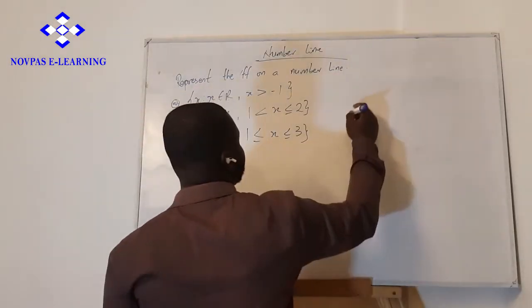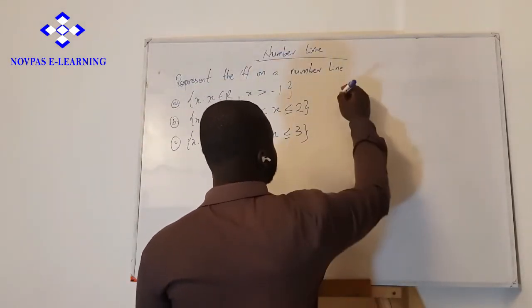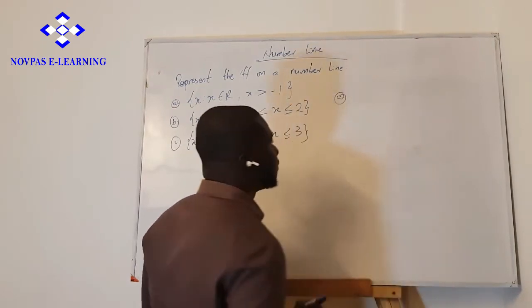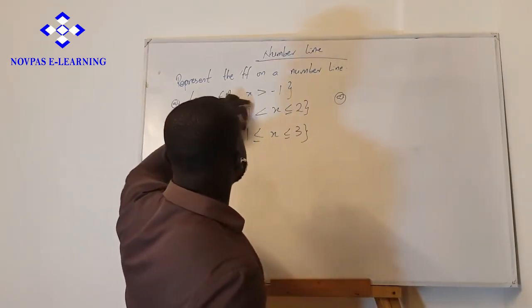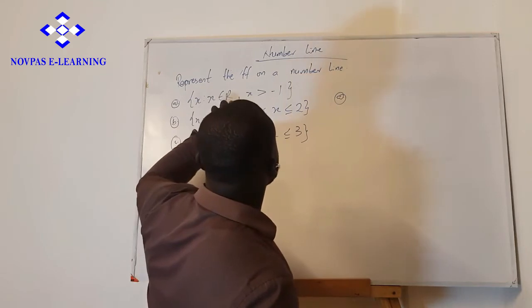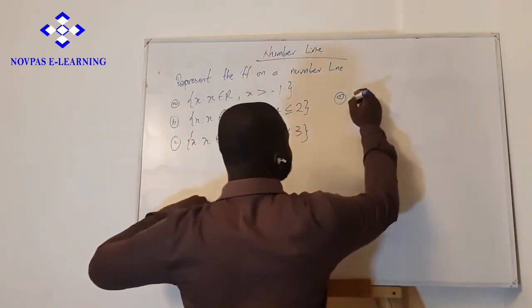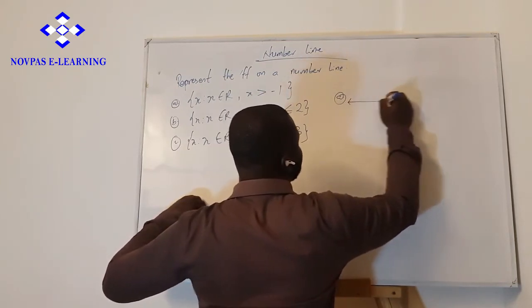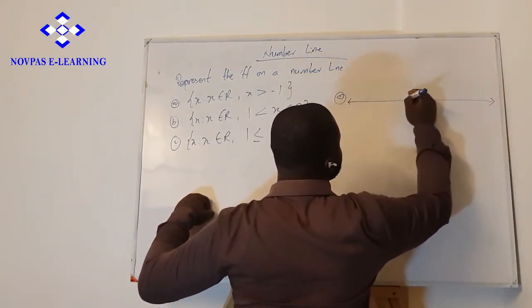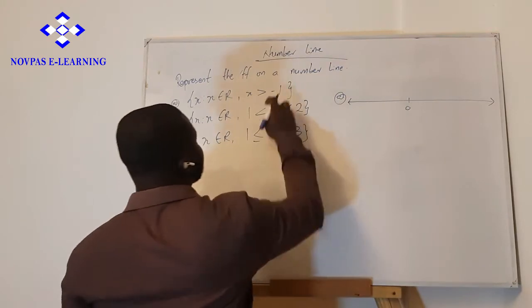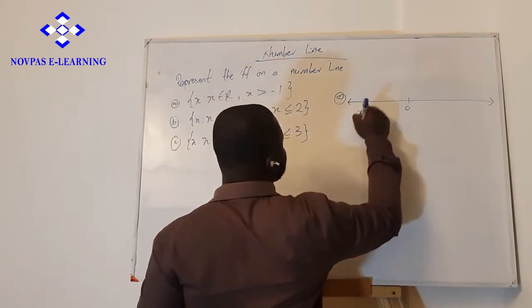Okay, so let's draw A. It says x is such that x is an element of the real numbers, and x is greater than negative 1. Now I'm going to show you a trick. So this is 0, negative 1 will be somewhere here.